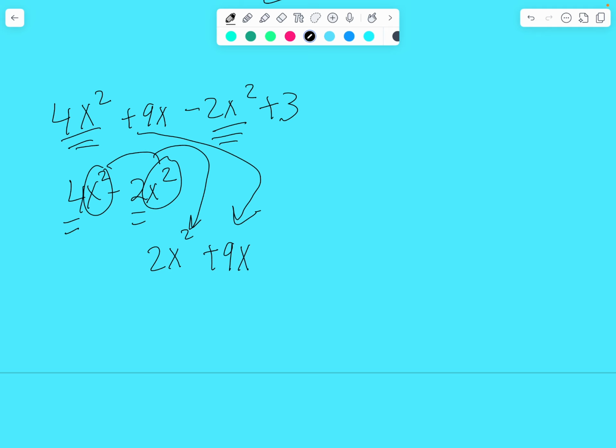So the only thing that I have is plus 3. Is there anything that I could combine that with? No, it's not an x squared. Granted, if it said 3x, I definitely could do 3x plus 9x, but it's just an integer on its own. So this is a final simplified expression. So this would be your answer.